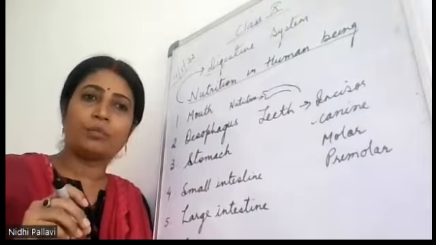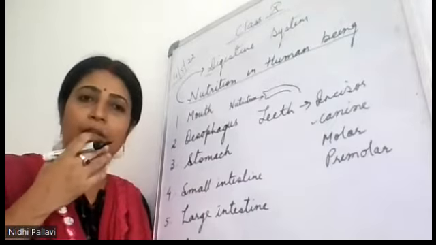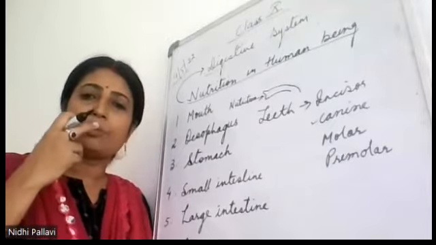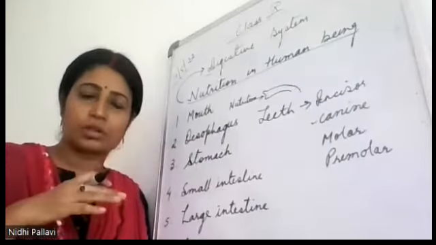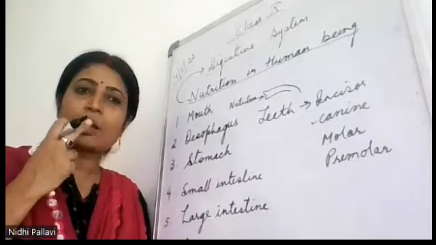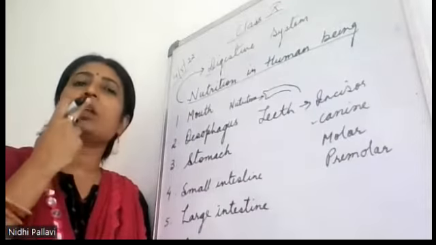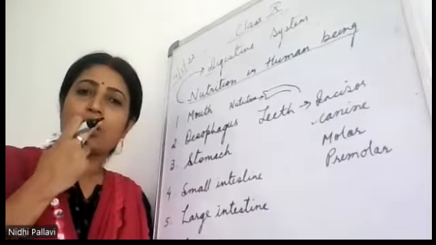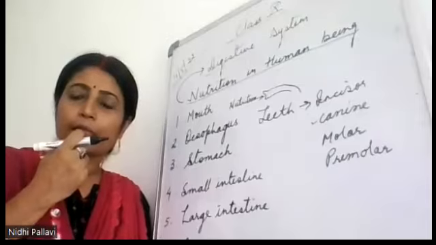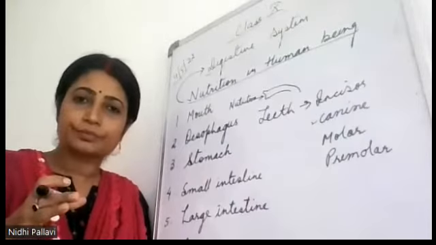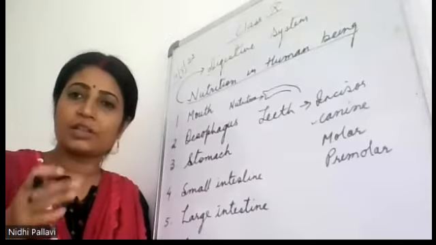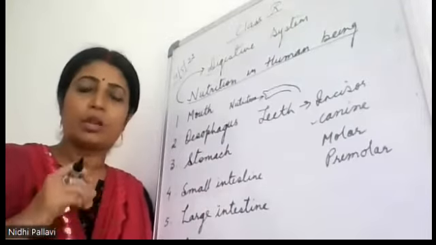If it were in dry form, then the buccal cavity, that is the upper hard palate and lower soft palate, would get damaged. है या नहीं? अगर आप सूखा कुछ चबाओगे, कुरकुरे खाओ और निगलने की कोशिश करो, तो क्या होगा? ऊपर का पैलेट, हार्ड पैलेट, और नीचे का जो पोर्शन होता है, that is soft palate, वो क्या होगा? दोनों डैमेज हो जाएंगे. It will be difficult for digestion, further digestion process में मुश्किल आएगी.